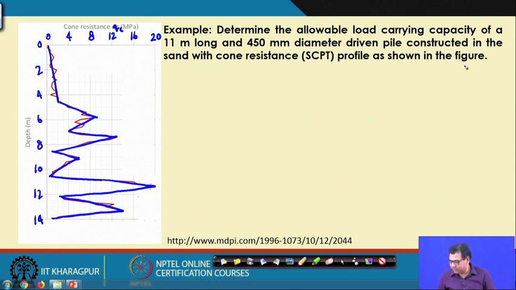Now, I will take all the values based on the recommendation. So, the first case I will discuss is method 1 that I have discussed.